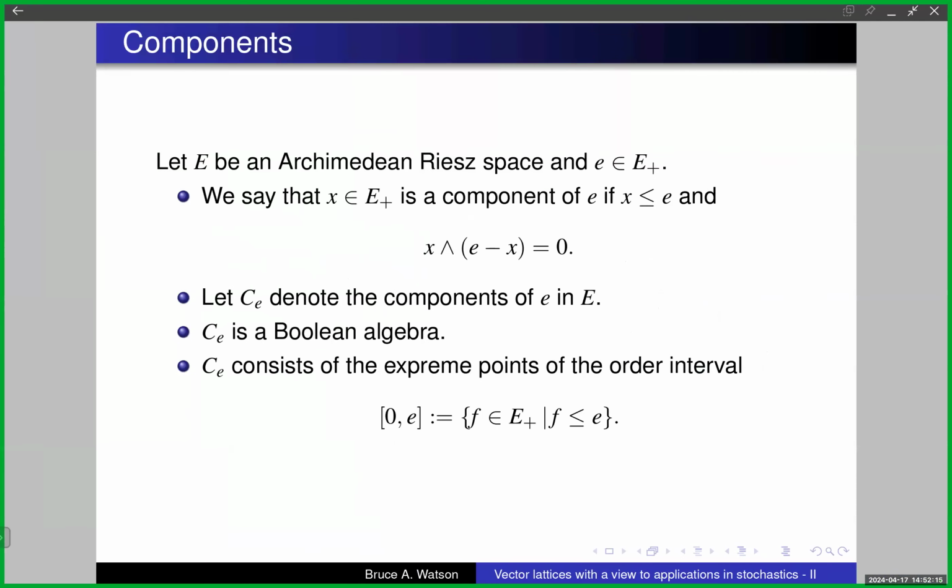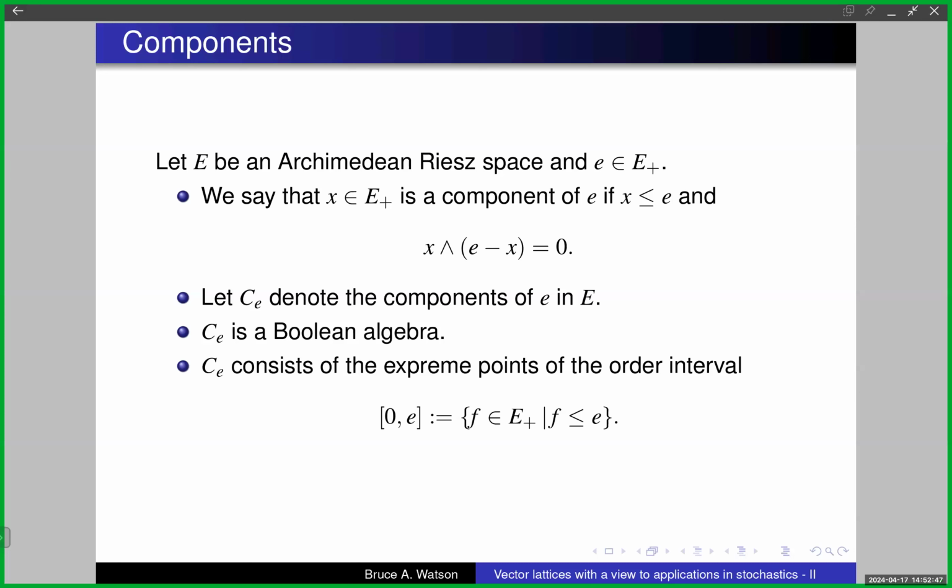Well, this Boolean algebra, in actual fact, packages, certainly if we take E in this slide here to be an order unit or a weak order unit, an enormous amount of the structure of your space. If your space has a weak order unit or an order unit, and we look at the components, this Boolean algebra actually packages an enormous amount of the structure of your space in it.